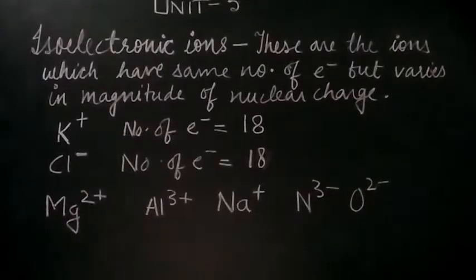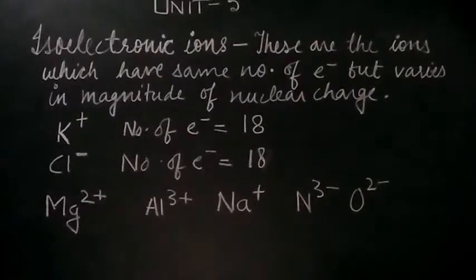So students, here what you will find is that the size of the isoelectronic ions decreases with increase in the magnitude of the nuclear charge, right? In other words, within a series of isoelectronic ions, as the nuclear charge increases, the attractive force between the electrons and the nucleus also increases.